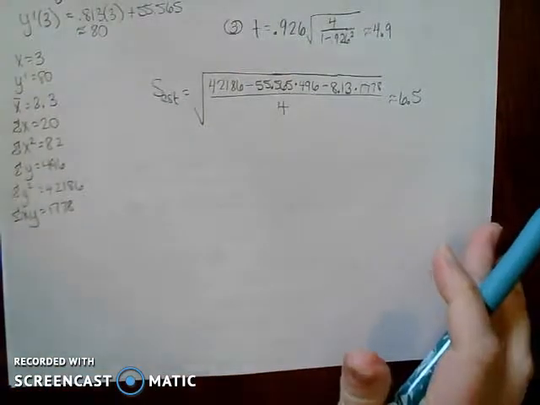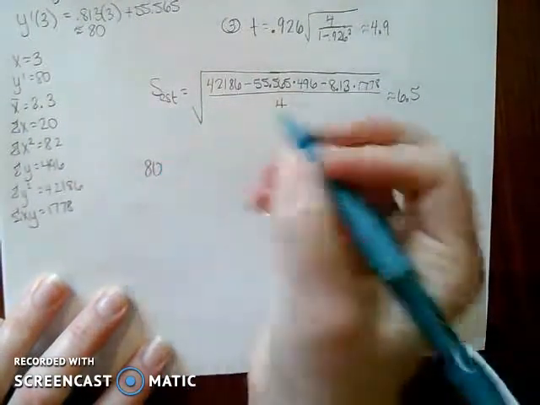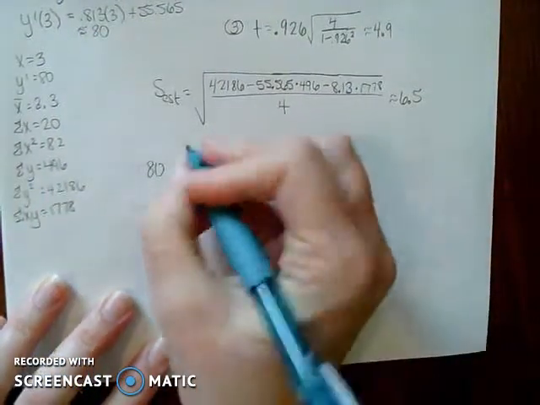Okay, now we can finally do our prediction interval. So y prime is 80. Again, that's the one that we usually forget, and that's just what you get when you plug in your x value.